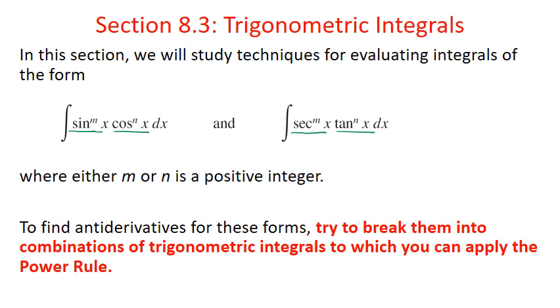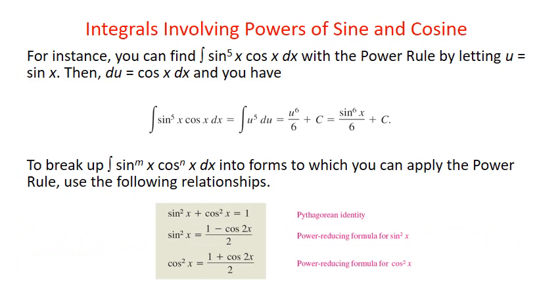Some of the forms will look like this or this, where m, the exponents, are positive integers. So what you'll want to do is try to break these down into different combinations so that you can apply the power rule. For example, if you have sine of x to the 5th power times cosine of x, you can use a u substitution.